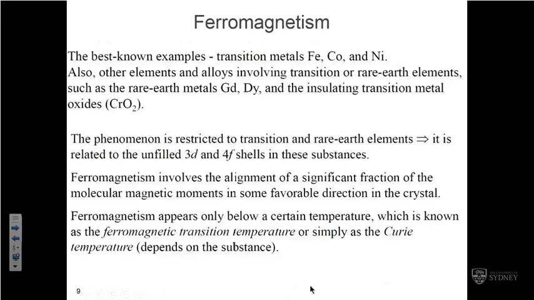As I mentioned before, the most common ferromagnetic elements from the periodic table are iron, cobalt, and nickel. There are some other ones involving rare earth elements, gadolinium, and this one I've even forgotten how to say, and transition metal oxides, chromium dioxide. The magnetism in these materials arises due to the unfilled 3d electrons, for example in iron, cobalt and nickel, and for the rare earth elements in the f shell.